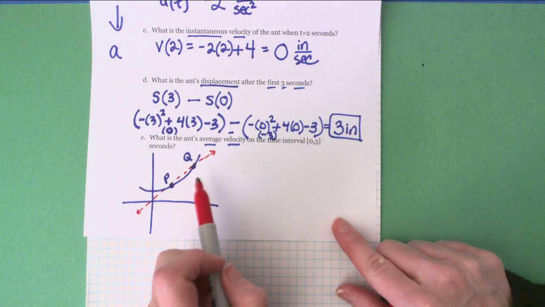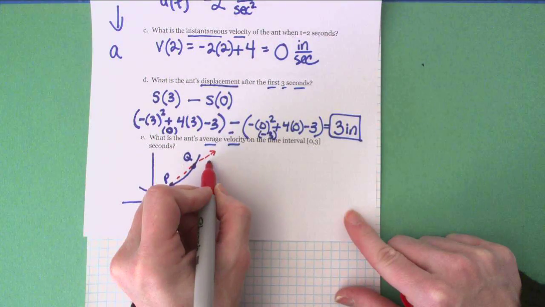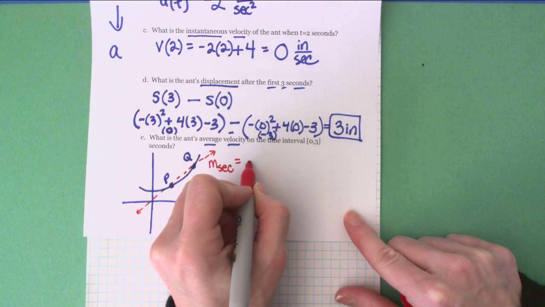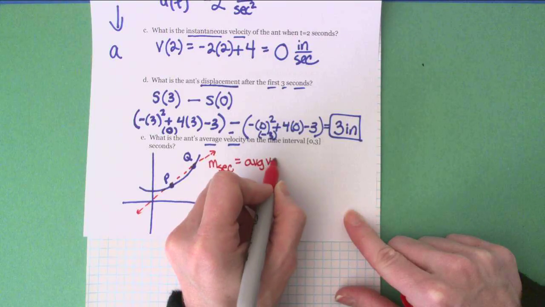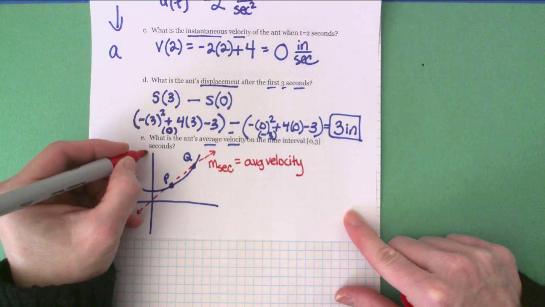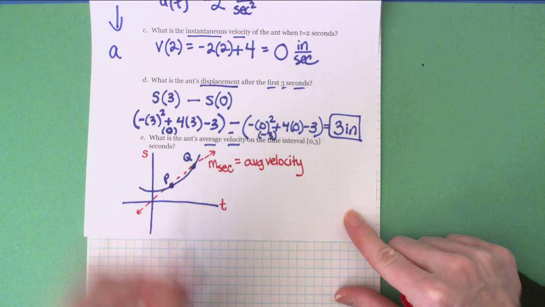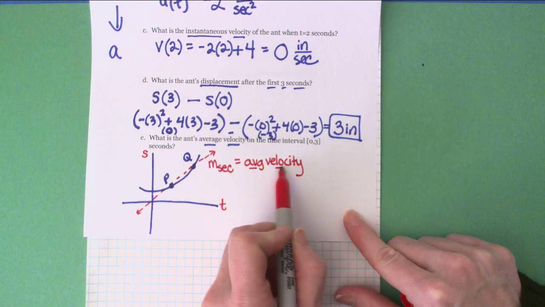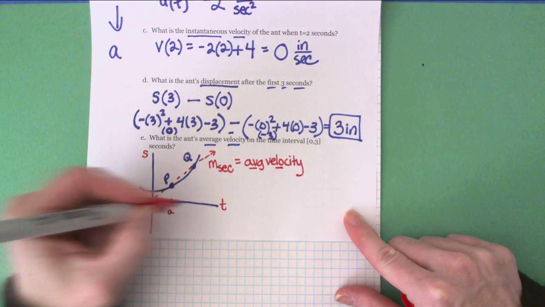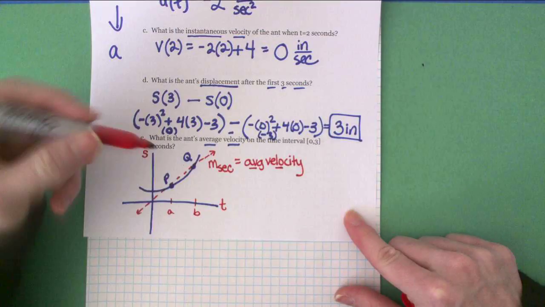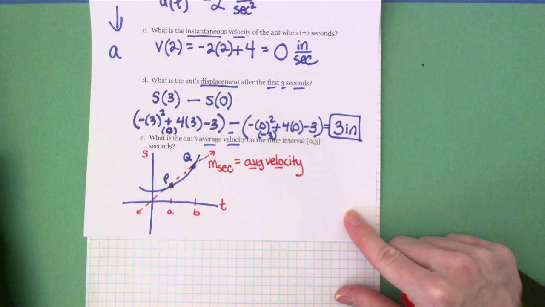Well, the slope of this secant line is going to equal average velocity. Because velocity is the rate of change of the S graph. So if this is a position graph, then the slope of this secant line is going to give me the average velocity from A to B. The average rate of change, because I'm doing it over an interval of time.